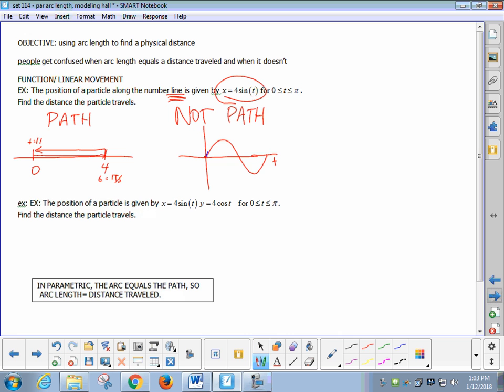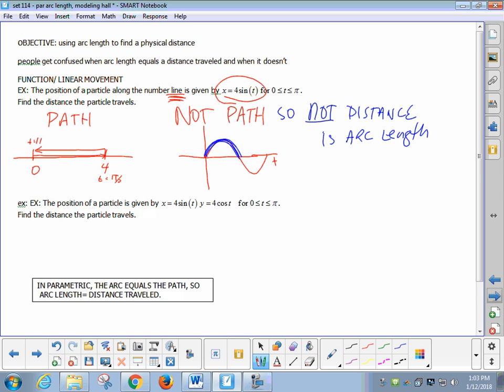Now, this is not the path of movement. And so, what is not the distance is to find the arc length. Okay?